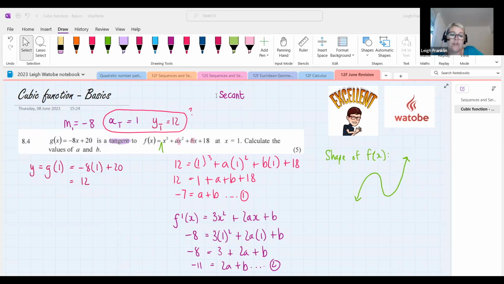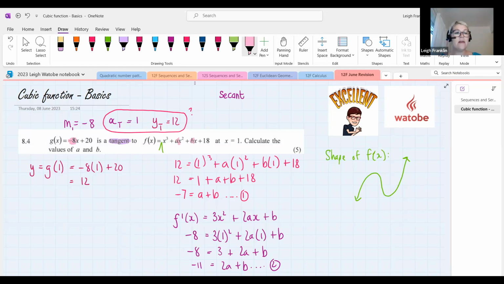All right, no problem. So you guys go ahead and work out the values of a and b. I'm just going to answer Amahle's question. We know that the gradient at the point of tangency is -8. Here they told us in the equation of g of x: g of x with equation -8x plus 20 is a tangent to f of x at x equals 1.